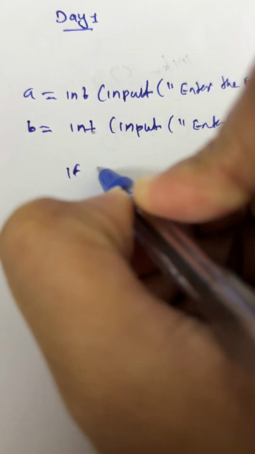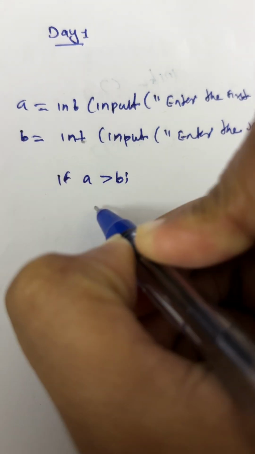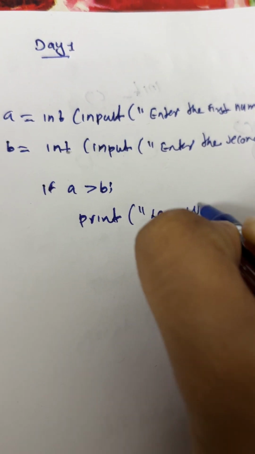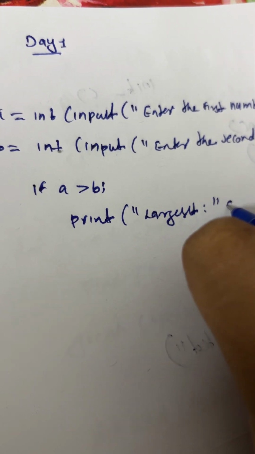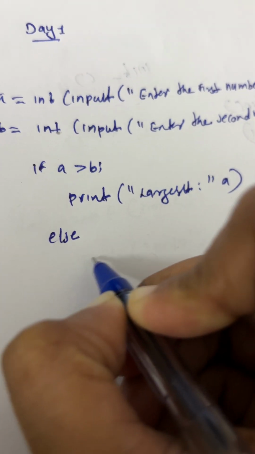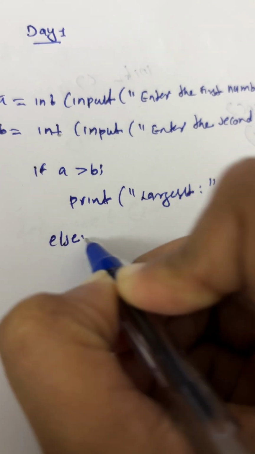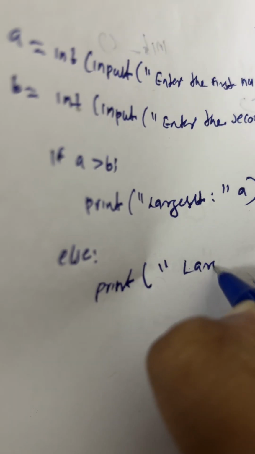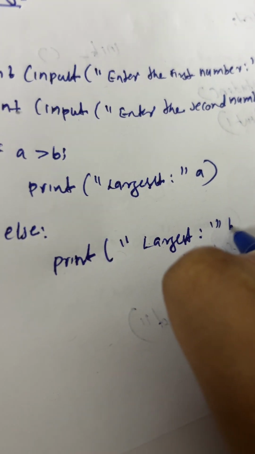If A is greater than B, print "largest is A", else print "largest is B". So this will be the code.